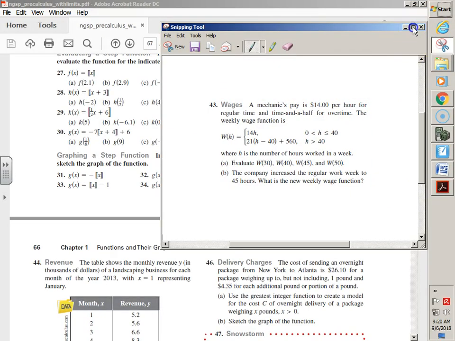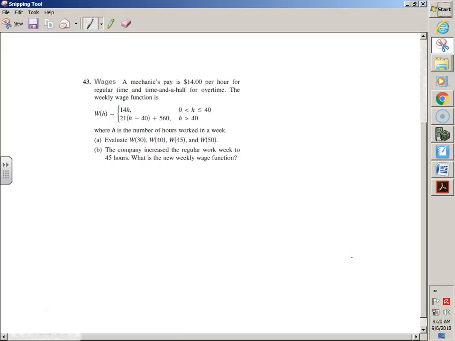Yeah. Okay. A mechanic's pay is $14 per hour for regular time and time and a half for overtime. The weekly wage function is, okay, so this is W. It just helps in my brain to figure this out. W is going to be the wage in dollars. Who's my other variable? H, right?